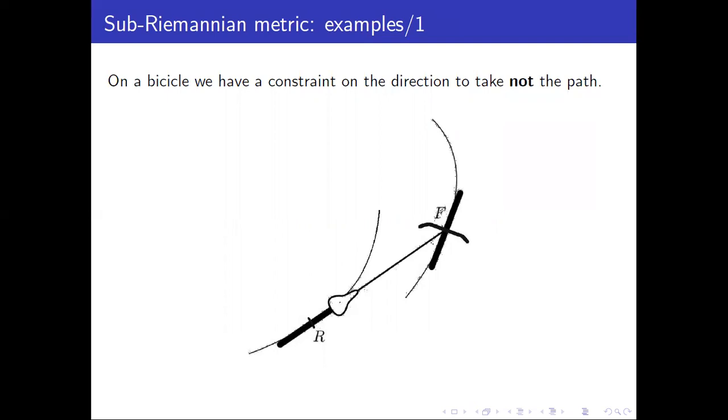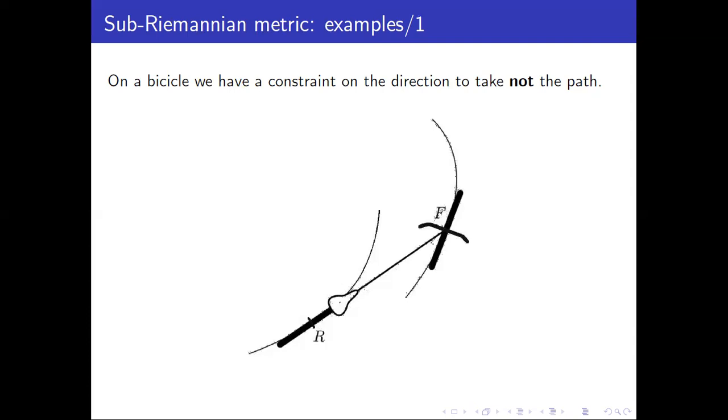Let me give you an example. Suppose I am here on my bicycle and I want to connect this point to this point. Clearly, the shortest path is this, right, with the bicycle, because the bicycle has what is called a differential constraint. So my bicycle is not forced on a path like a train. A train, you go on tracks.